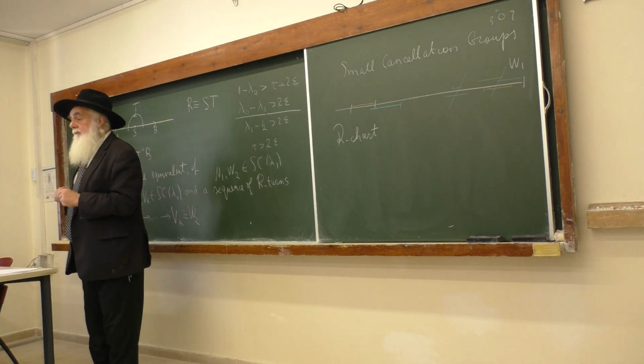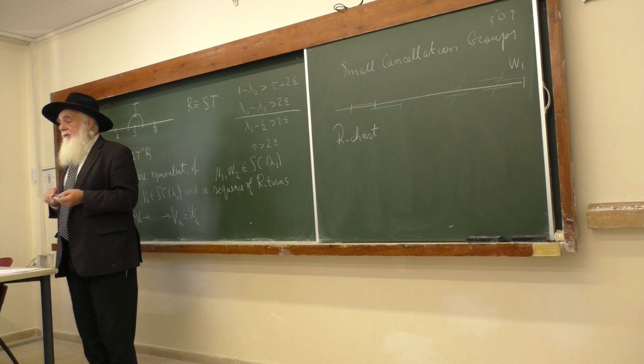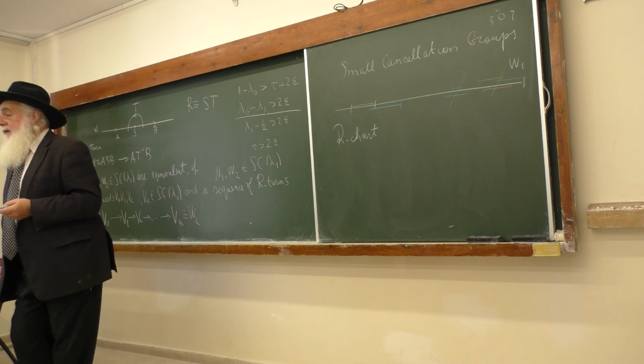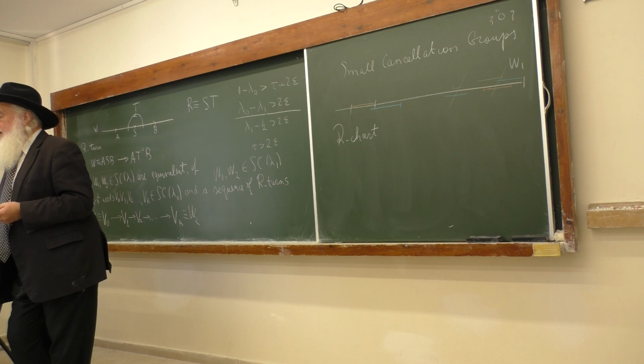Okay, yes? I don't understand. So for example, if you take the relative length as a measure, and you do an R-term, if the measure of S is a third, then you will introduce a T whose measure is 2/3, right? Yes.